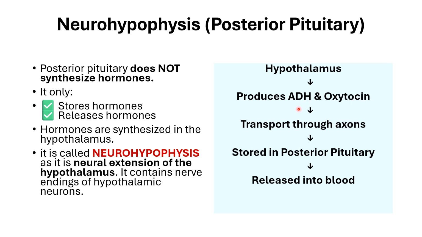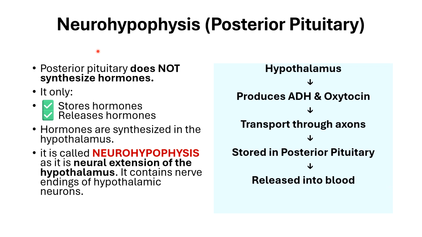ADH is nothing but antidiuretic hormone. These two hormones are transported through the axons to the neurohypophysis, or the posterior pituitary, and they are stored there. Whenever the body gets the signal, these two hormones, ADH and oxytocin, are released into the blood.